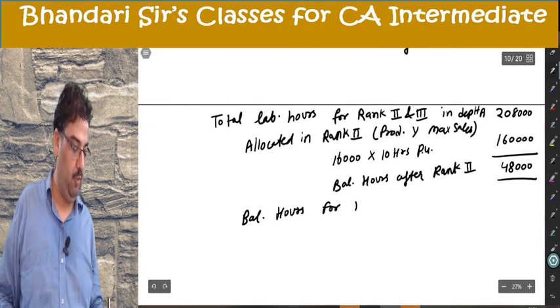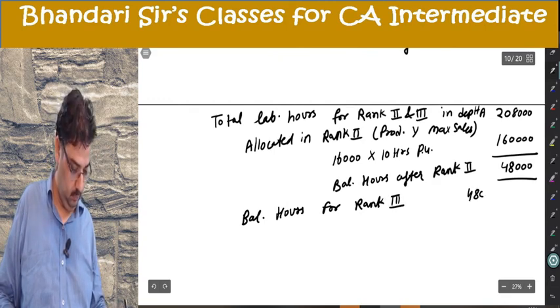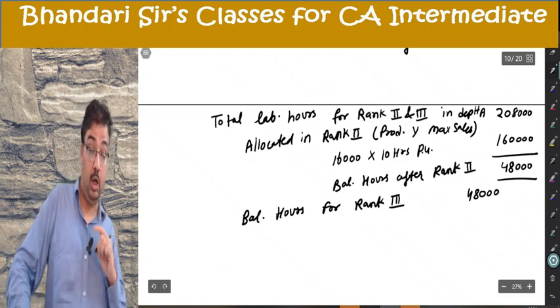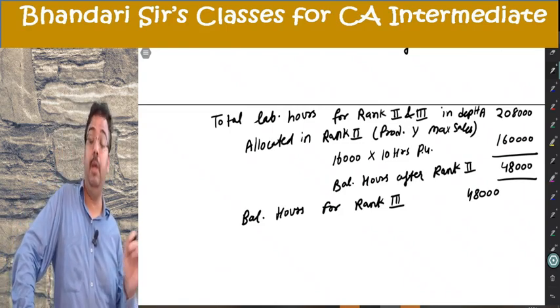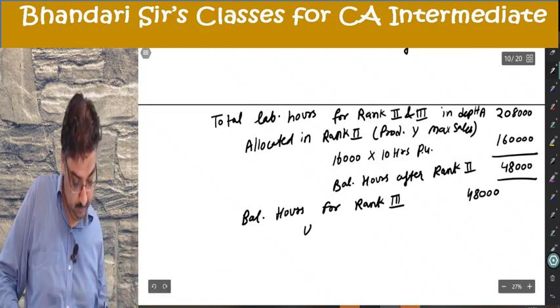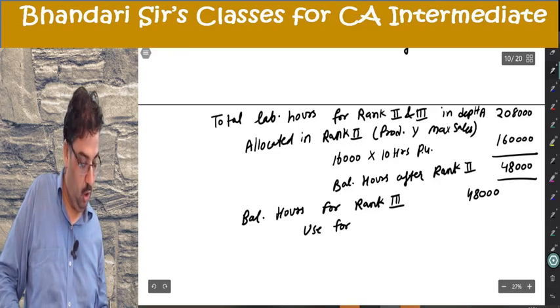Balance hours for rank 3. Now required are much more, but we will be able to use only 48,000. Use for Z product.